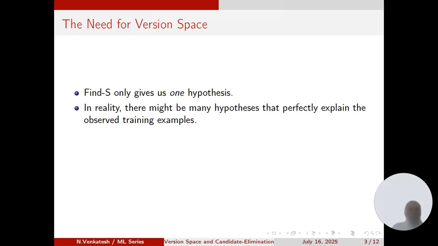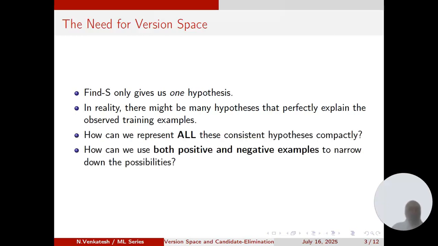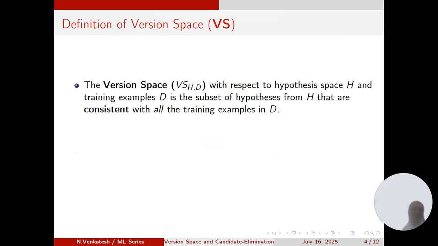We have to find the set of all hypotheses which are consistent with the training data. Now, how is this set of all hypotheses which are consistent with the training data represented? That's where we have a version space. Version space is formally defined as VS_{H,D}, where H is the set of all hypotheses and D is the training examples.